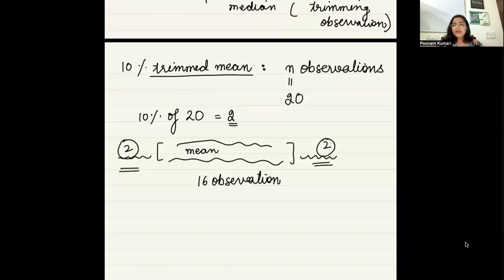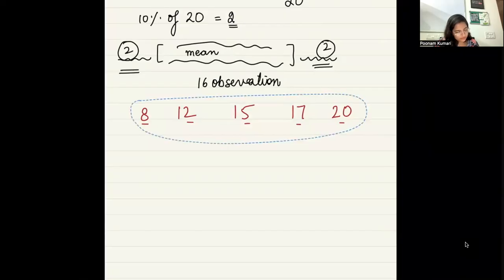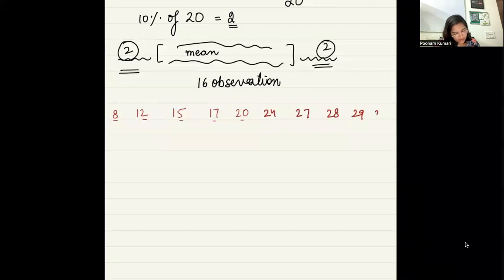Yes, ma'am. So let's say my data points are like this: 8, 12, 15, 17, and then 20, and then 24, 27, 28, 29, and 30.